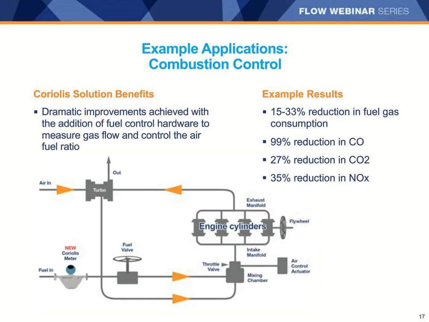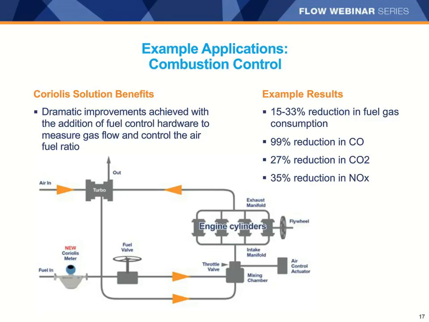And as the fourth and final example, I want to share how adding a micromotion meter to the line feeding fuel to a compressor engine has delivered some significant benefits. By controlling the fuel intake before combustion occurs with a measurement in mass flow units instead of in standard volume units, the engine runs much more efficiently and with dramatically reduced emissions.